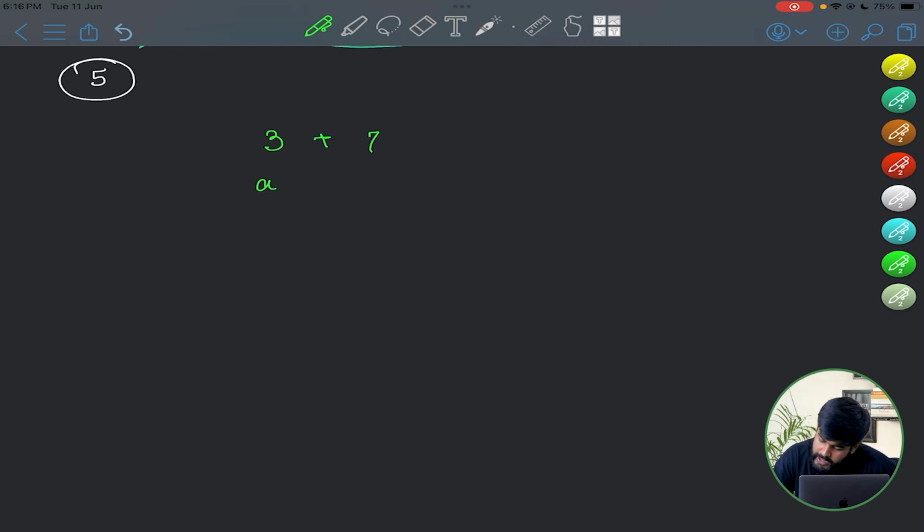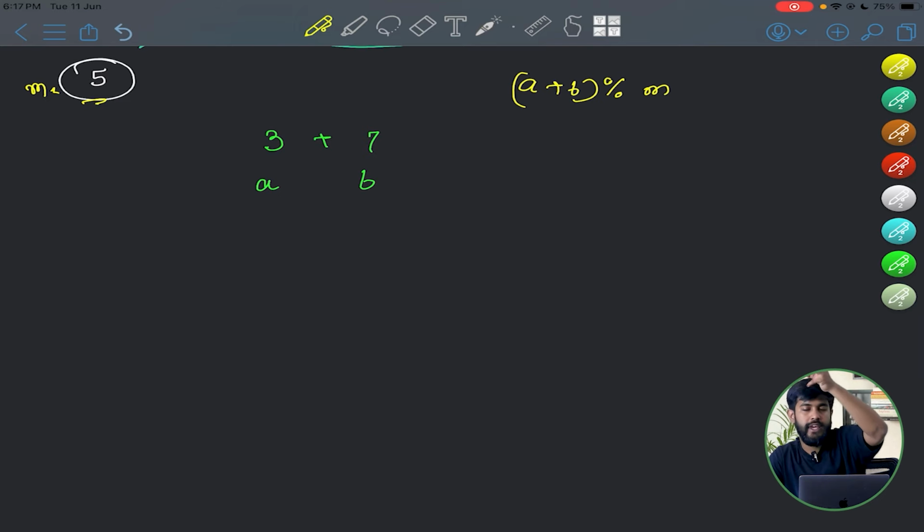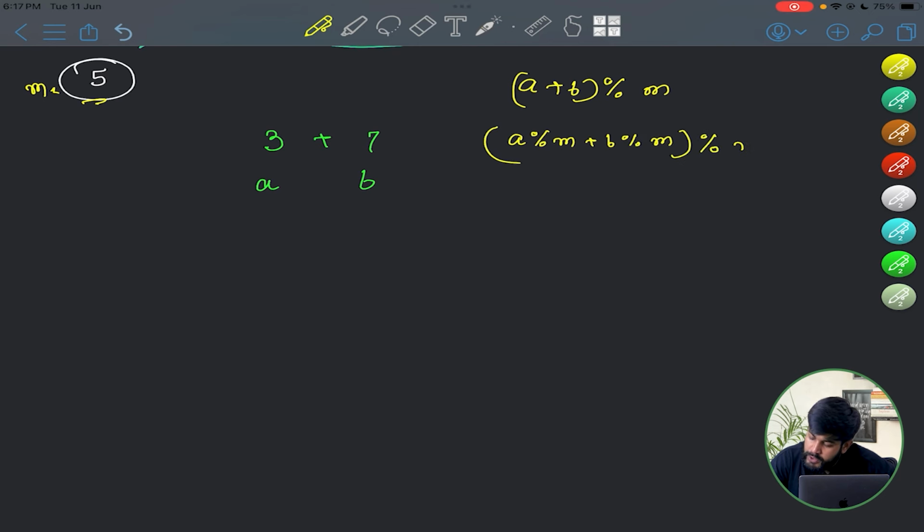Okay, a is 3 and b is 7, and I want to find out a plus b modulo m, because I don't want it to overflow m, and this value of m is equal to 5. I don't want the addition of a plus b to overflow 5. So the formula is a modulo m plus b modulo m, and then the whole modulo m.